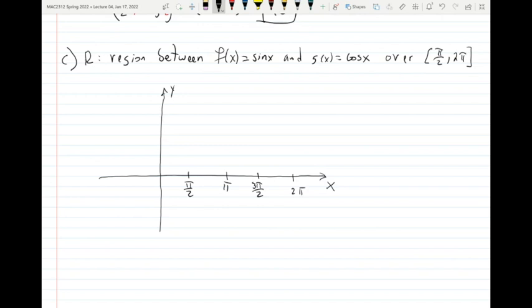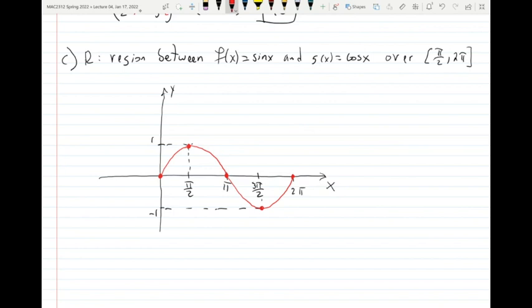Let's sketch sine. That's the sine function, as you know. The sine function is a sinusoidal function, and it goes between 1 and -1, right? So let's say 1 is here, -1 is here. It starts at 0, then goes up to the top, down to the middle, then down here, then back to the middle.